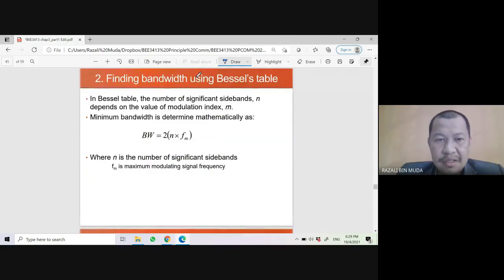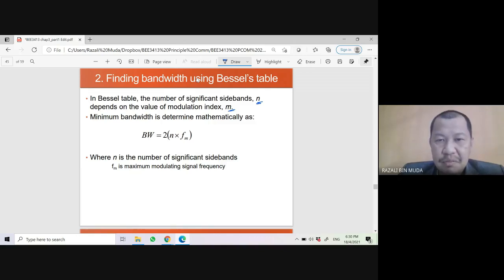The second method is by finding the actual bandwidth using calculation, by looking at Bessel table. In Bessel table, the number of significant sidebands n depends on the value of modulation index m. So we know that from Bessel table we can get the number of significant sidebands if we have the value of modulation index.